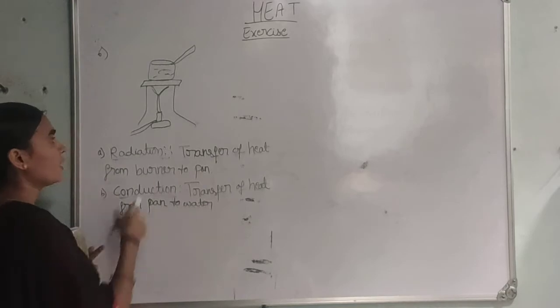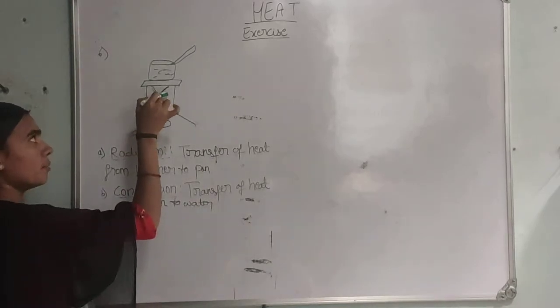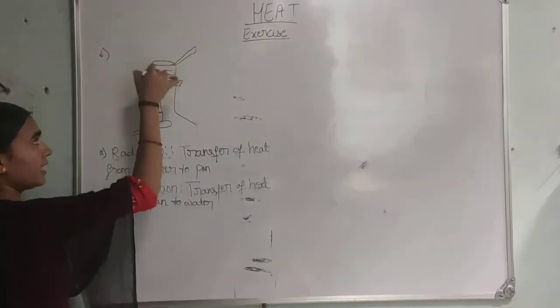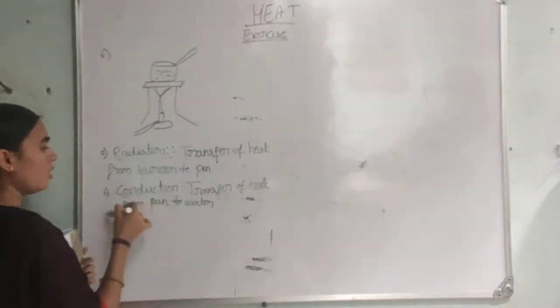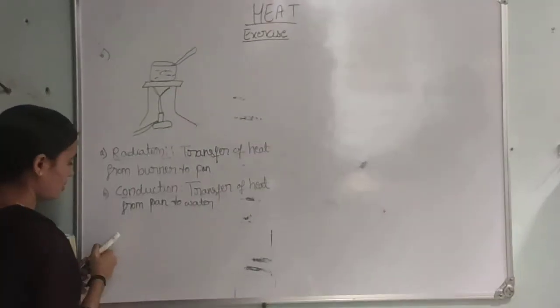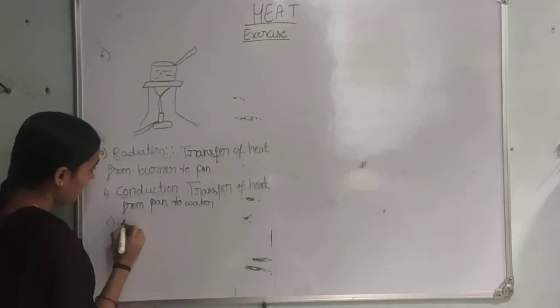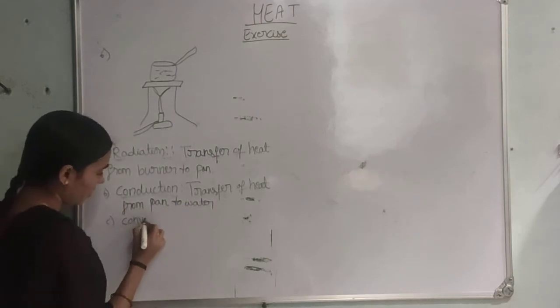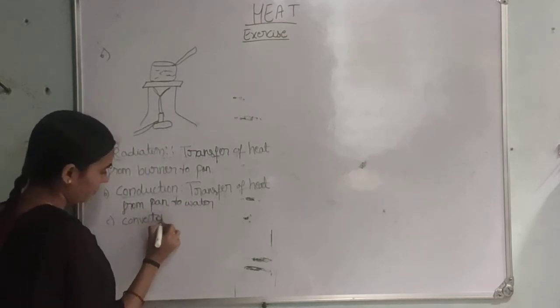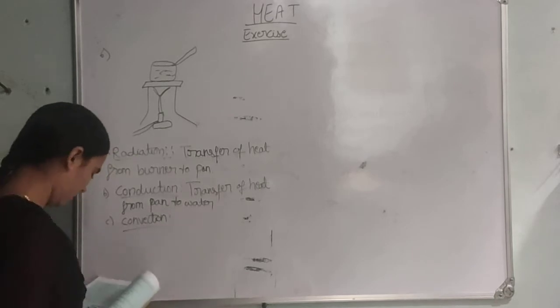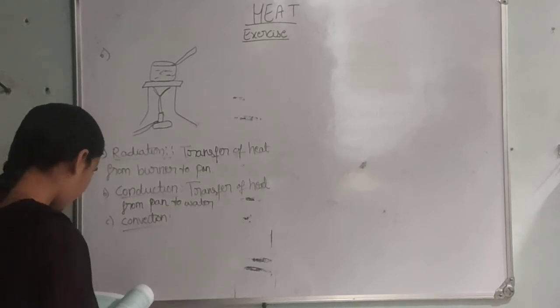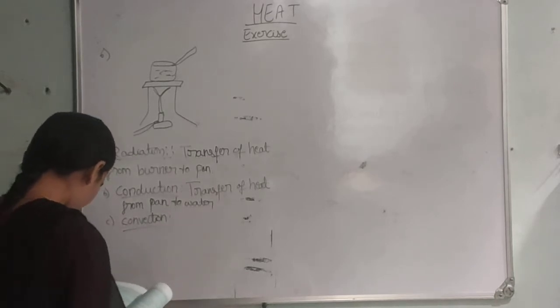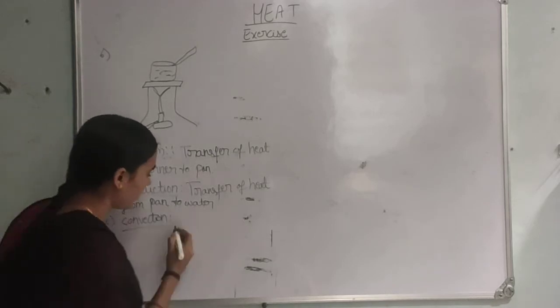So here whatever heat the pan gets from the burner is transferred to the water, that is a conduction process. So the last one is convection. So convection process: here transfer of heat within the water.